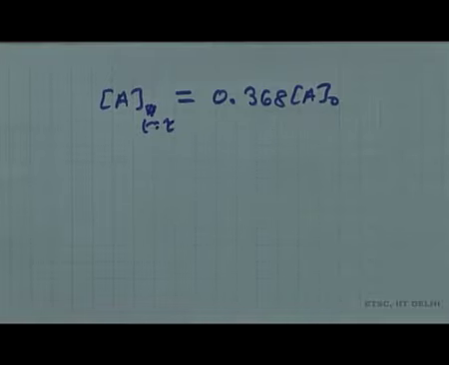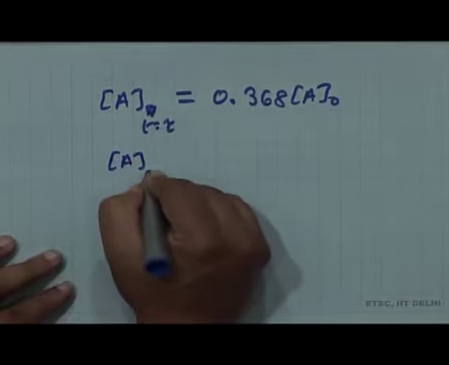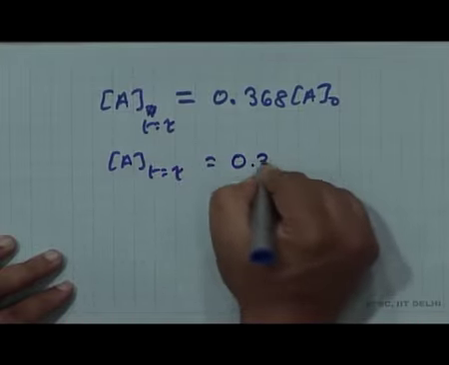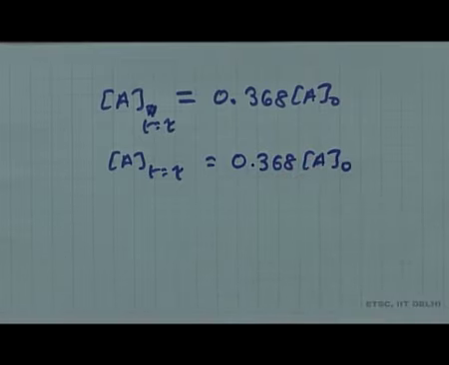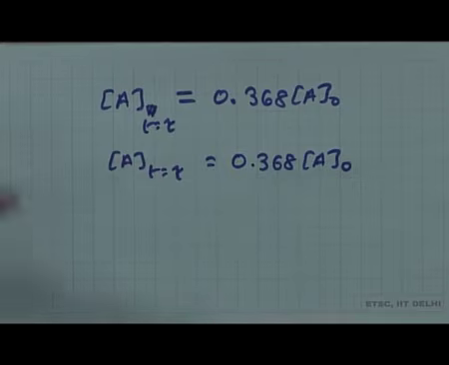So, what has happened? At time t is equal to tau, the concentration of A is 0.368 A naught. What it means is that after this time tau has elapsed, it has decreased to 0.368 A naught.